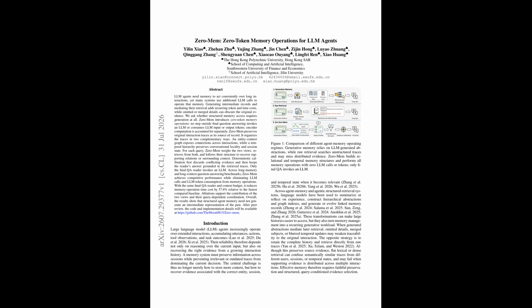When a query arrives, Zero-Mem builds a small deterministic profile of it, extracting the subject, keywords, expected answer type, temporal cues, and any boundary information. This profile decides how to route the query. If it's a relational question that needs connecting facts across the history, the graph view gets more weight. If it's a local question about a specific session or recent state, the hierarchical view leads. Both views actually run in every case. The profile just controls the weighting during fusion.